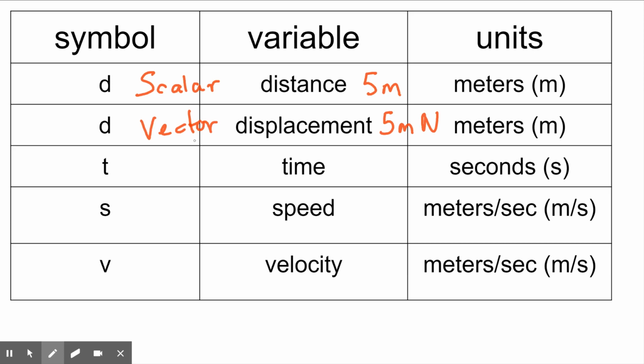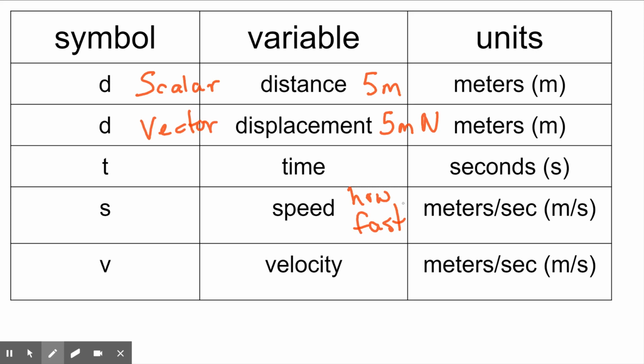Speed and velocity mean sort of the same thing, but in physics, we like to be very, very precise. Well, hopefully, you can tell the difference. Speed is just how fast you're going, okay? You're going 5 meters per second, you're going 55 miles per hour.